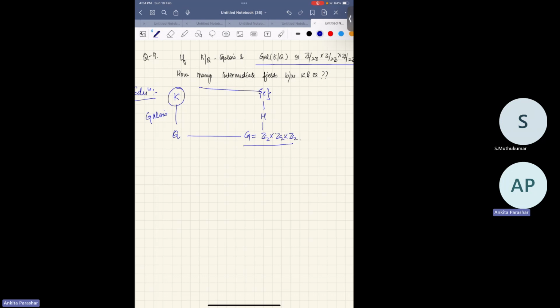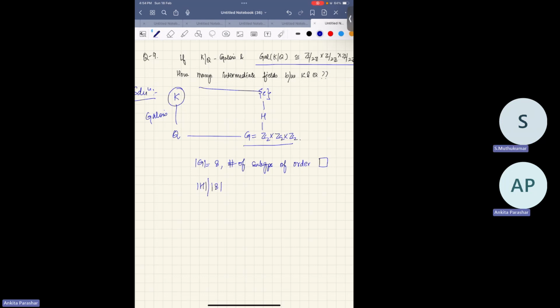So the question is knowing how many subgroups we have of order 2 and order 4. This is okay, right? Because our group is of order 8. So we have to first know what orders of the subgroup are possible. So 1, 2, 4, 8.